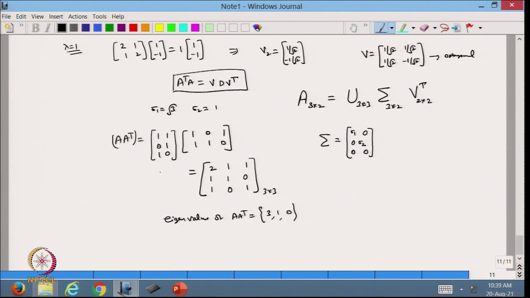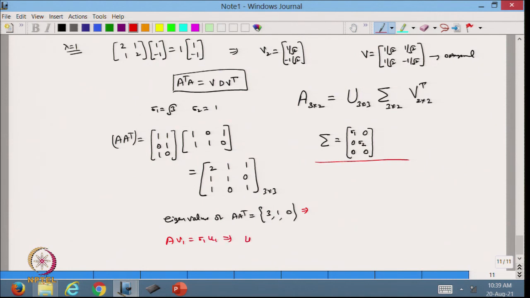Either you can solve this one and find the eigenvectors, or we have the way we discussed. So, what we need to do now is find the eigenvectors. I know that A V1 is equal to sigma 1 u1.